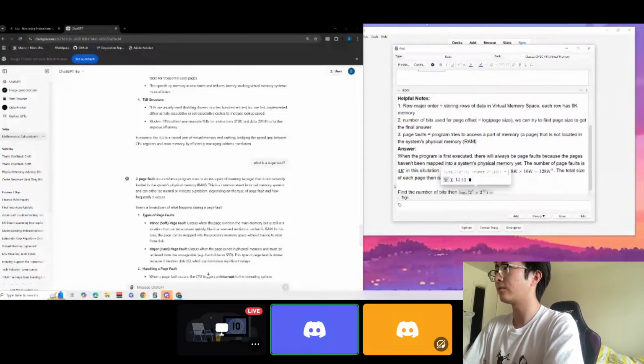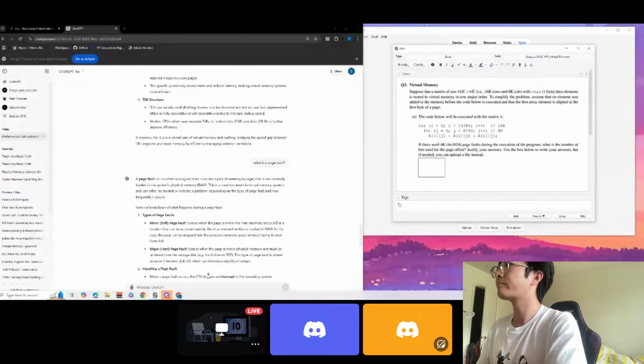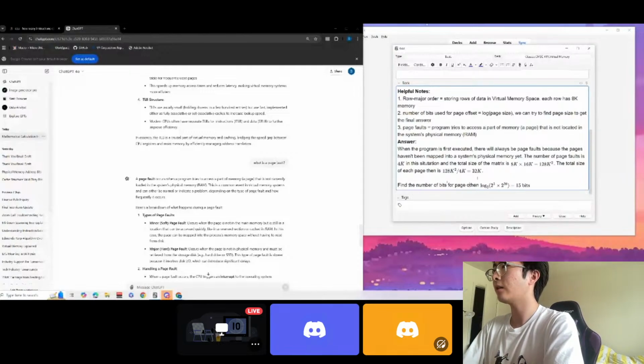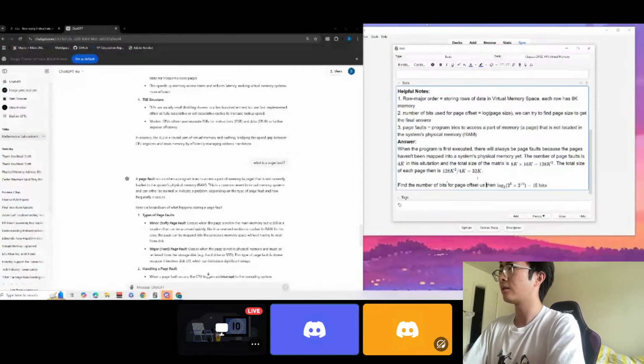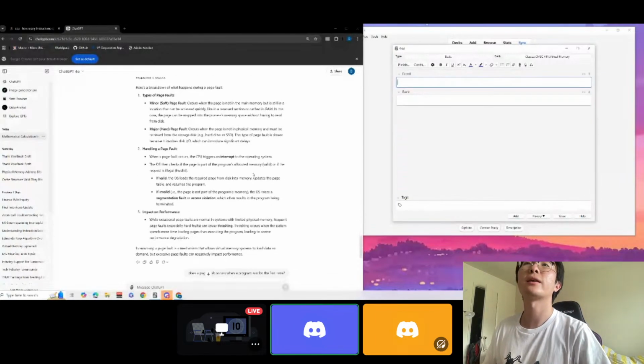Which is equal to 15 bits for the page offset. Okay, let's go. I'm going to put that there for now.